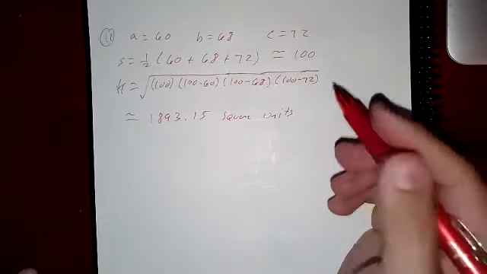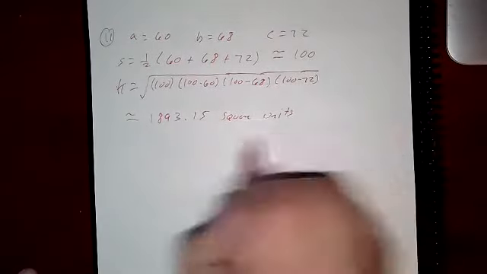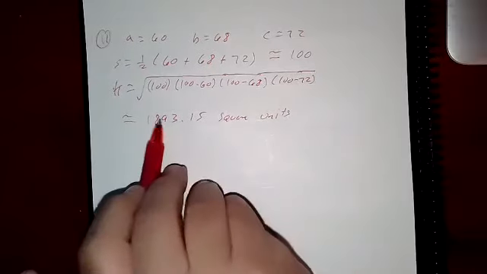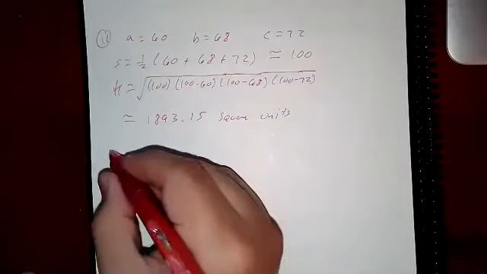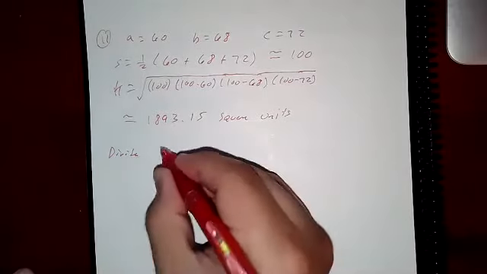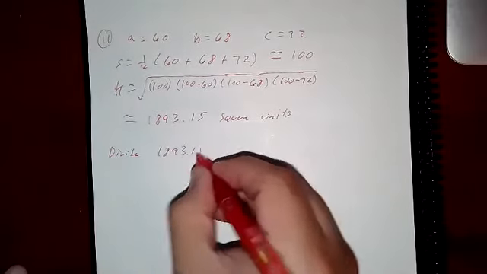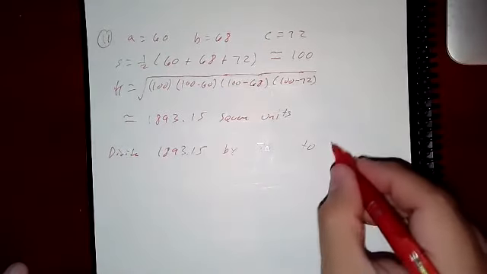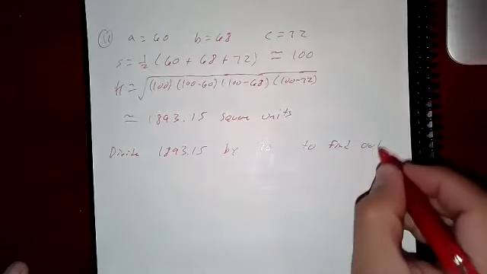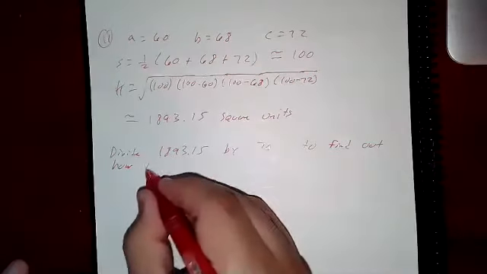And we know that one can of paint covers 70 square units. So find out how many 70s fit in here, right? So divide 1893.15 by 70 to find out how many cans.